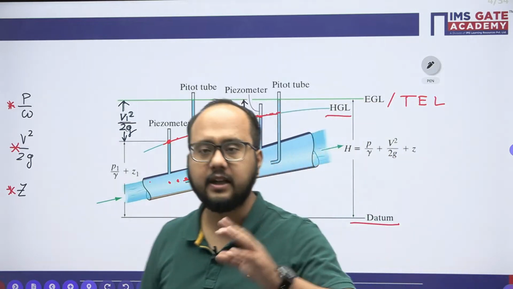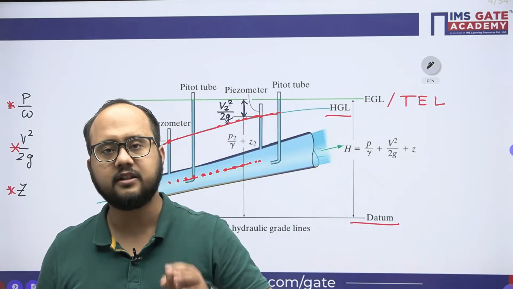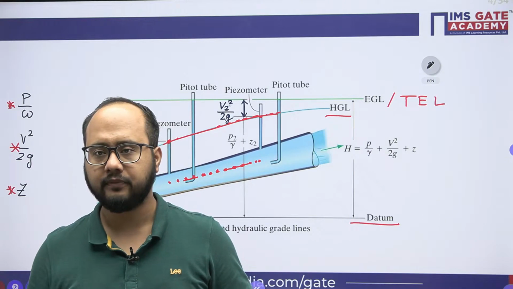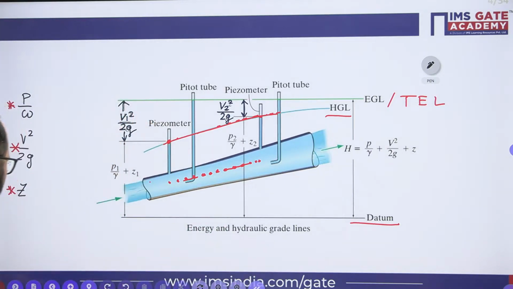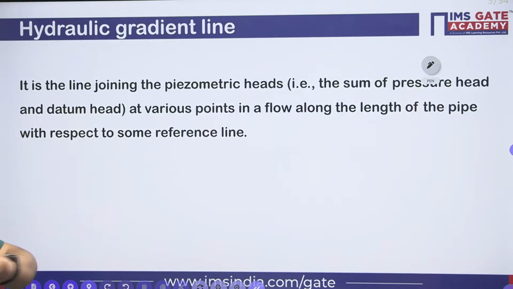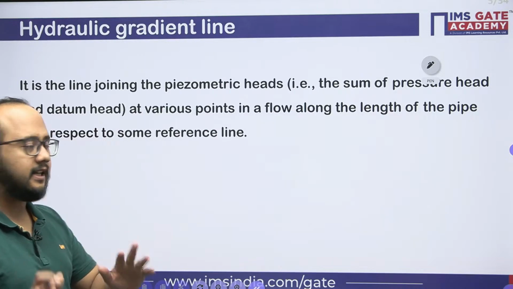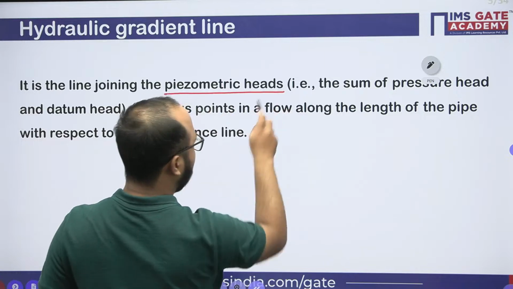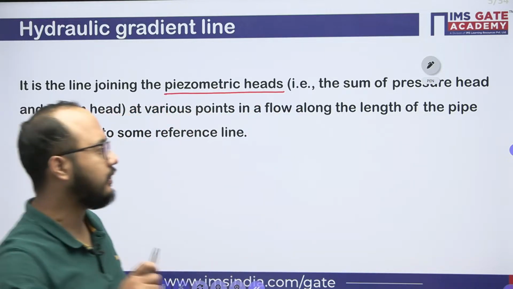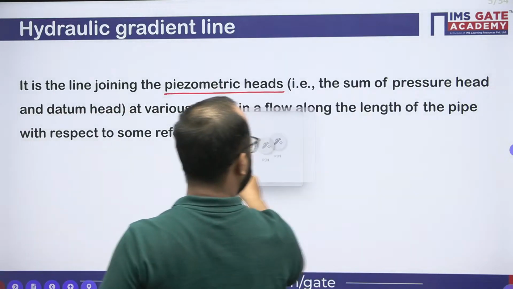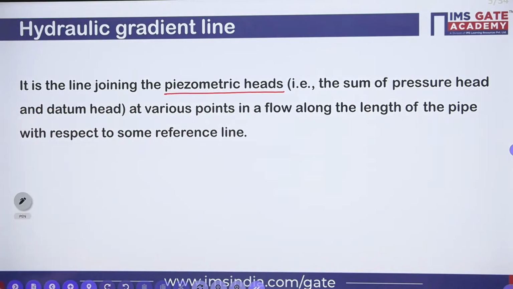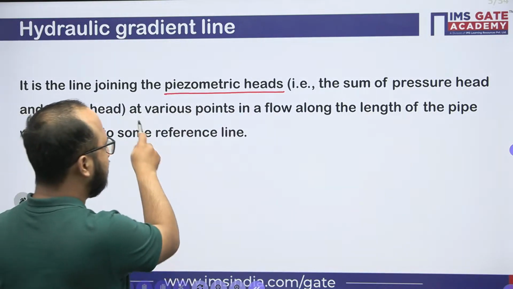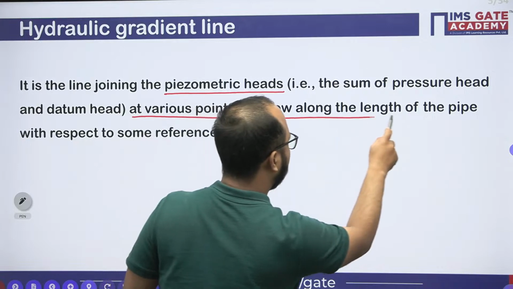Now one by one, I will give you the definitions of HGL and TEL. We'll move to the second point, that is HGL. Now see here, the line joining the piezometric head. Remember, earlier also we discussed this: piezometric head is the sum of pressure head plus the datum head at various points in a flow along the length of the pipe.